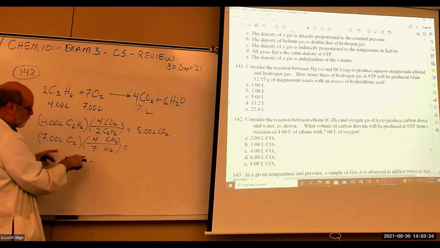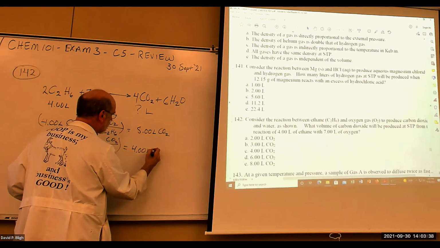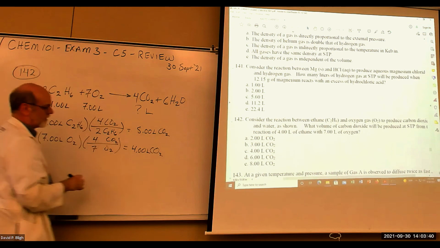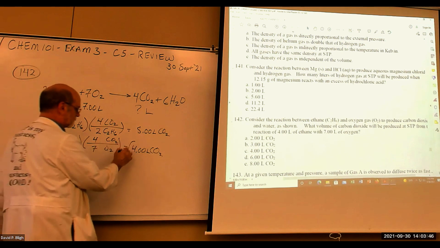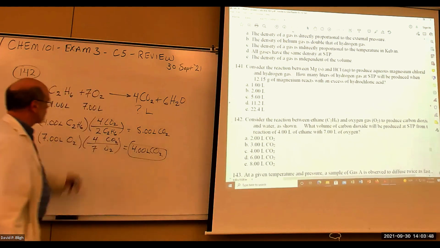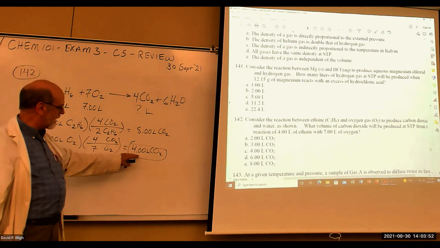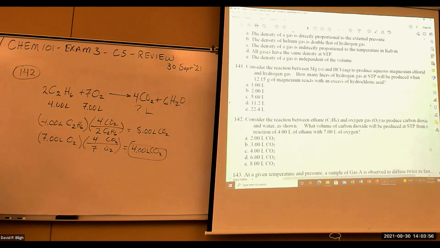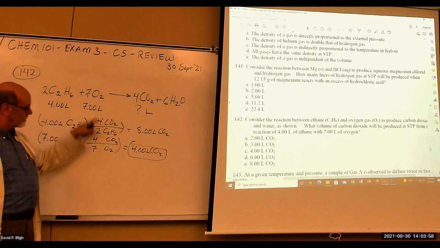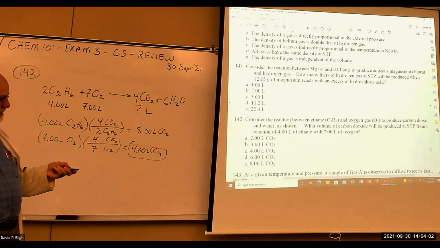So 7 divided by 7 is 1 and 1 times 4 is 4. 4 liters of carbon dioxide are the most that can be produced from this reaction. That's because oxygen is limiting, right? The least amount identifies the limiting reagent. It produces 4 liters. So that means our answer is C.